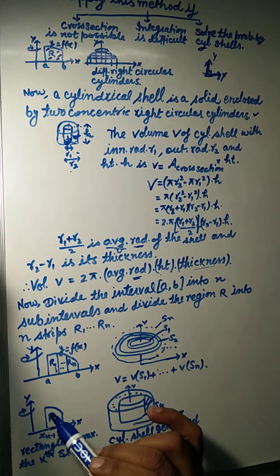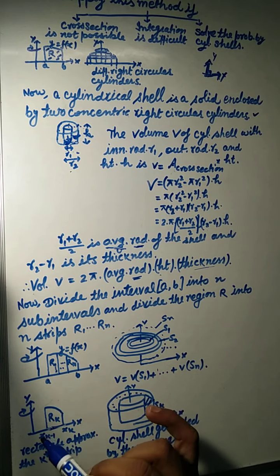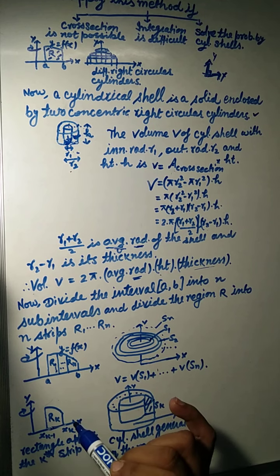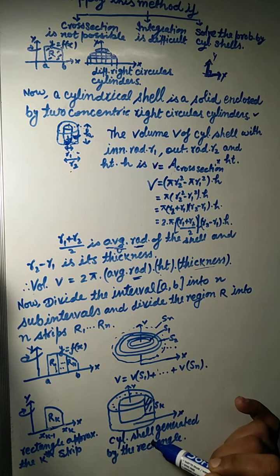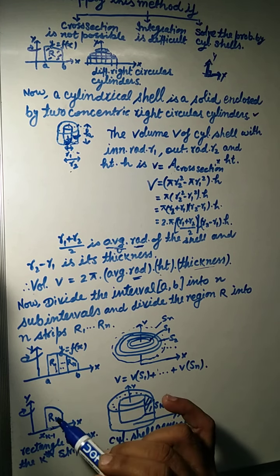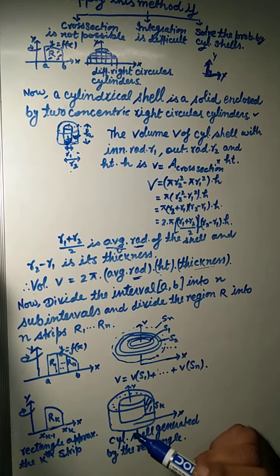For the kth strip, region Rk, and this is the thickness x_k minus x_{k-1}. We obtain a cylindrical cell by revolving the rectangle around the y-axis.